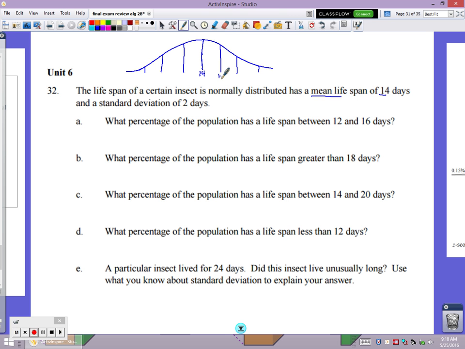Here we have 16, 18, 20. And the other way, we're increasing by 1 standard deviation, 2, 3, and go backwards. So 12, 10, and 8. Now we have this kind of idea of what's going on.